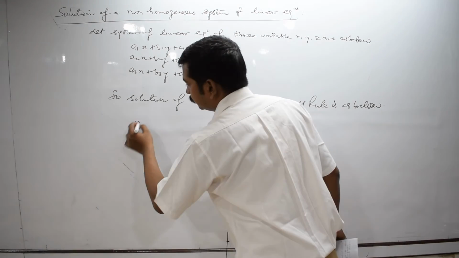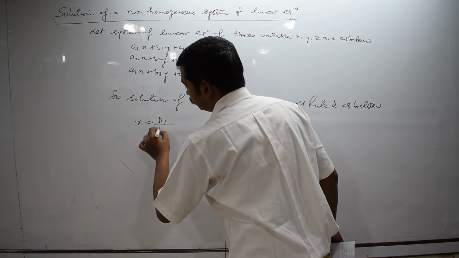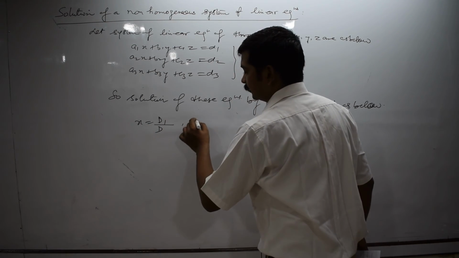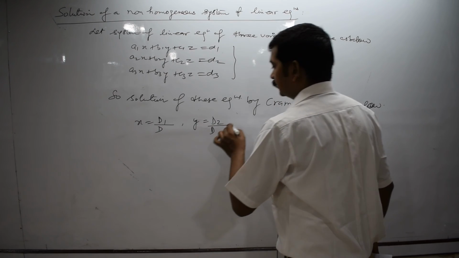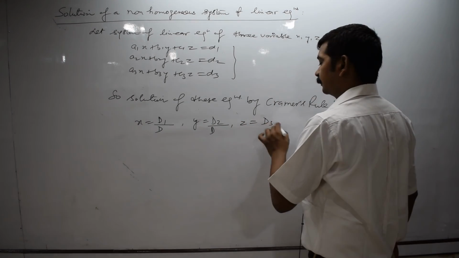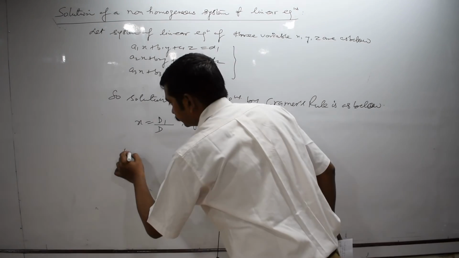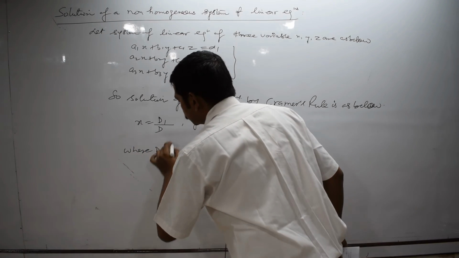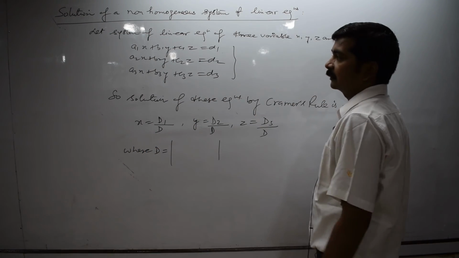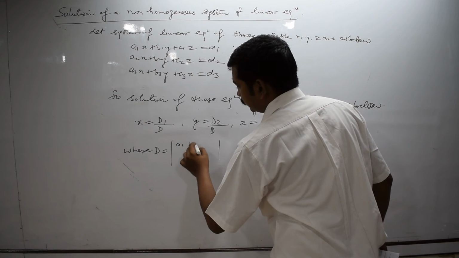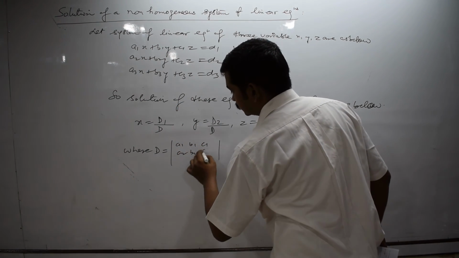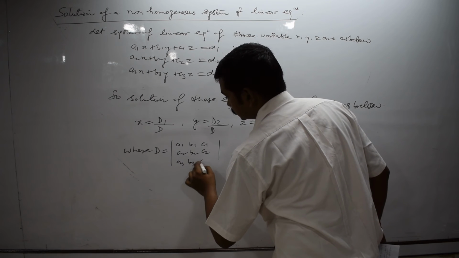By Cramer's rule, x equals D1 upon D, y equals D2 upon D, z equals D3 upon D, where D equals the determinant of the coefficients of x, y, z written as a1, b1, c1, a2, b2, c2, a3, b3, c3.